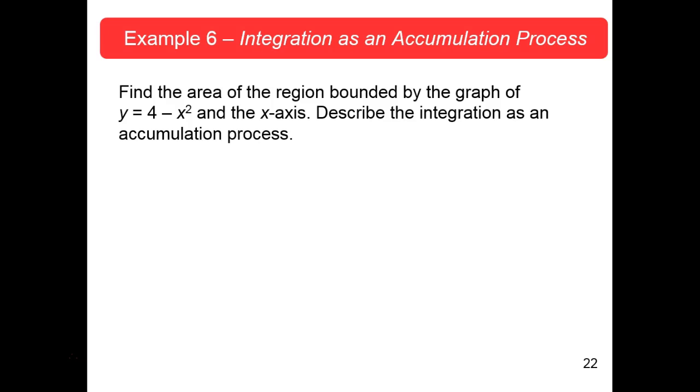All that talking they did, they really didn't do much as far as accumulation process, so let's just do what it says. Find the area of the region bounded by the graph of y equals 4 minus x squared and the x-axis.